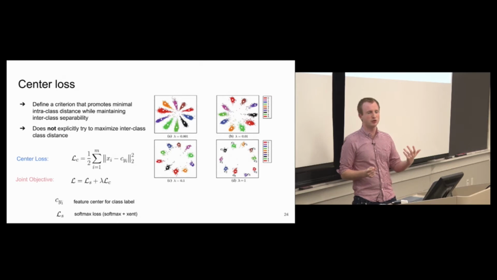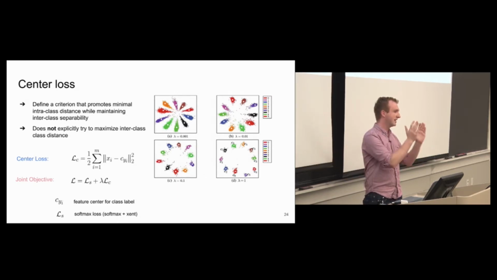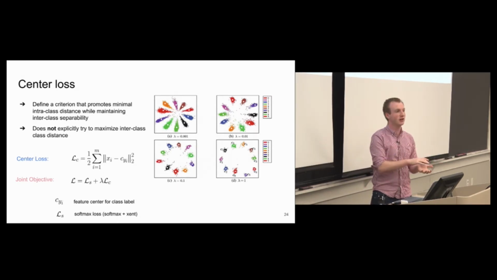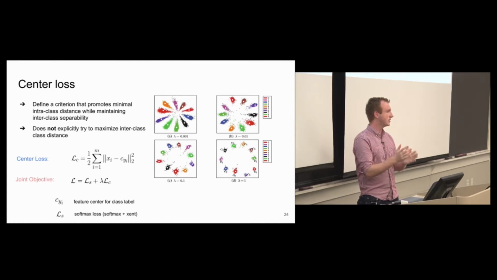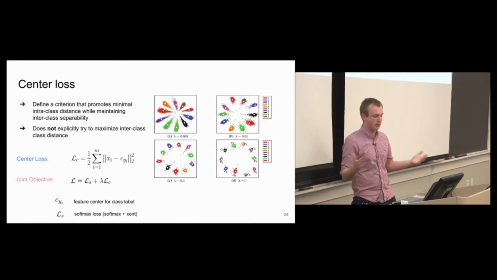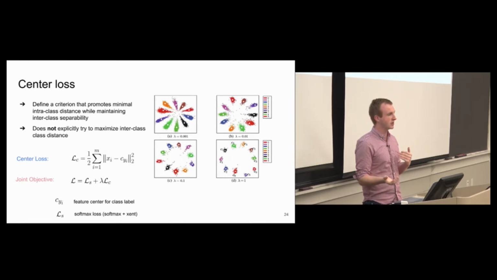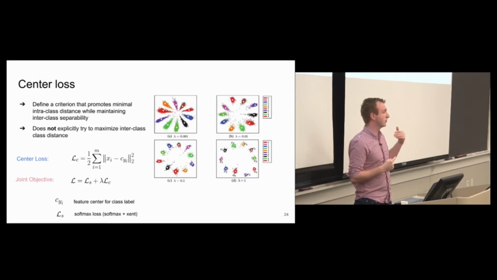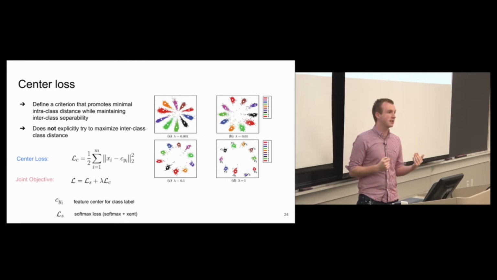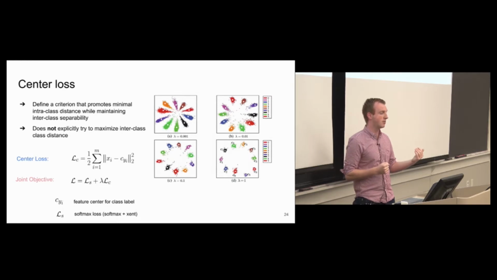That's just a general term used to consider the last layer, the classification layer, the softmax transformation, and then the cross entropy objective. But I'm just going to call it softmax loss. So you can use it as a joint objective. Often, though, you will use it to further fine-tune your network. So you will train on classification, and then at the end, apply center loss.